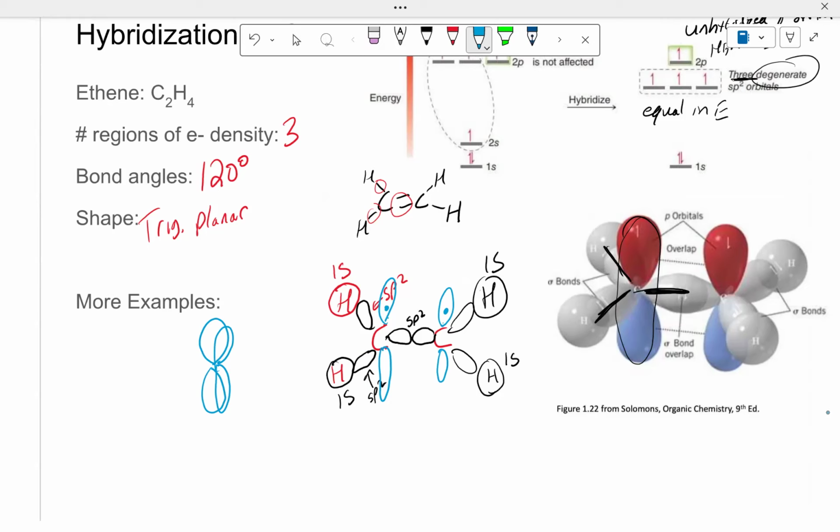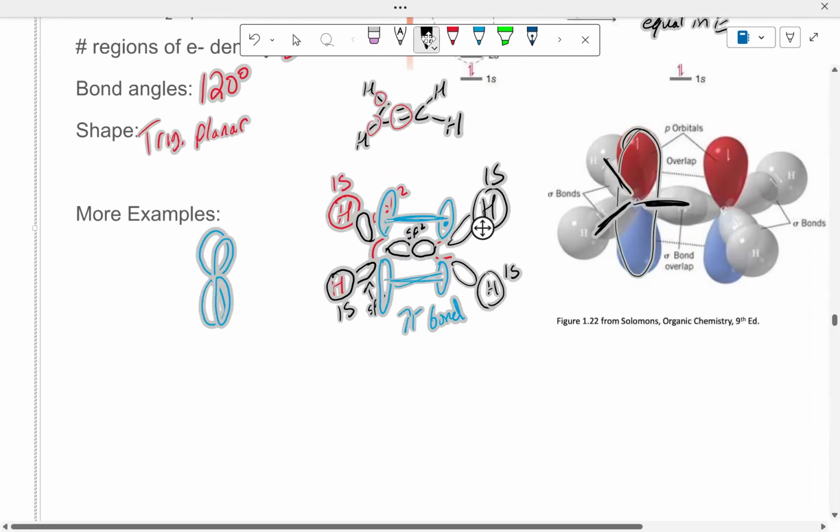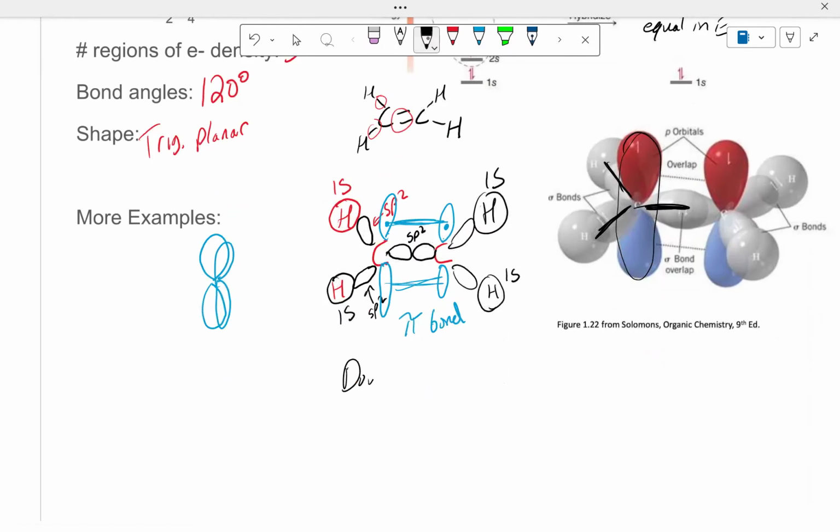And that overlap gives us a new type of bond called a pi bond. So what is a double bond? A double bond is made up of one sigma bond and one pi bond.